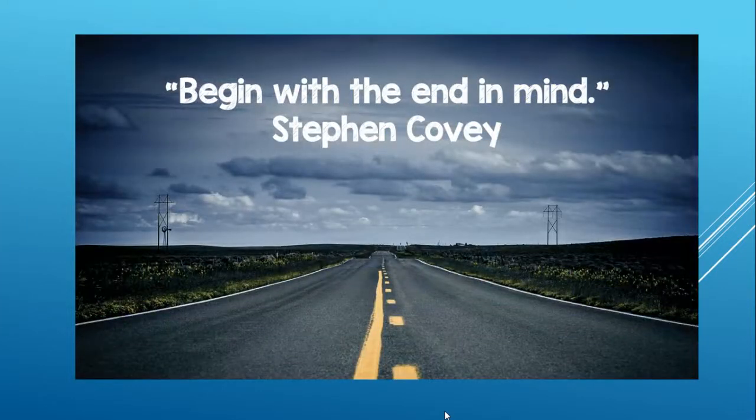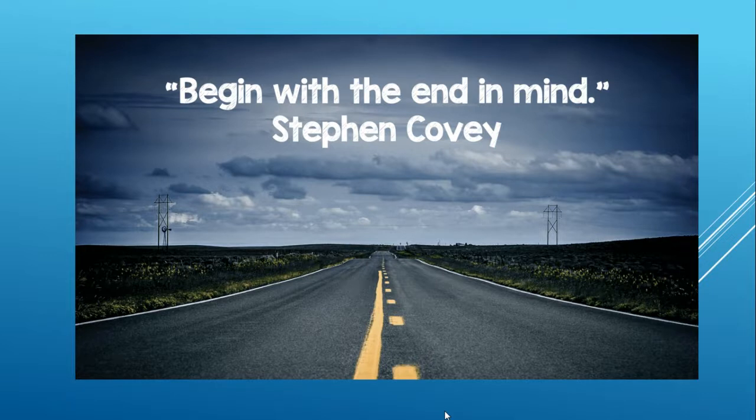Now, finally, begin with the end in mind. Stephen Covey is a famous author and motivational speaker, and he's done many workshops, and I took one of his workshops once. He believes in time management. That's very important when you're going to do a capstone or a research paper.